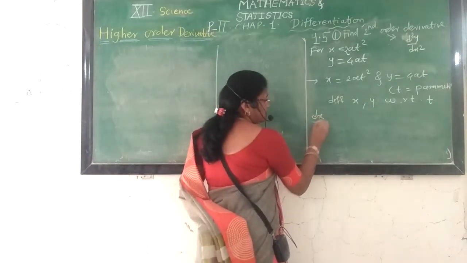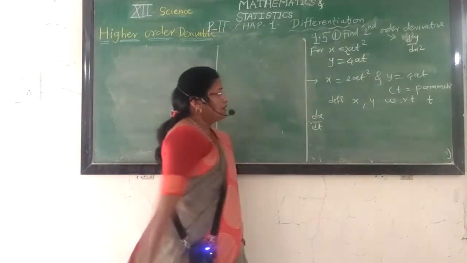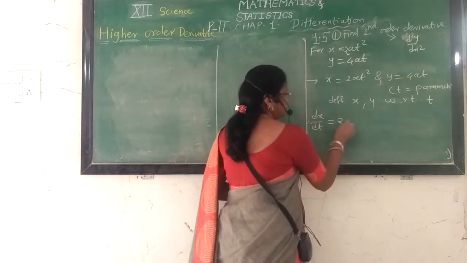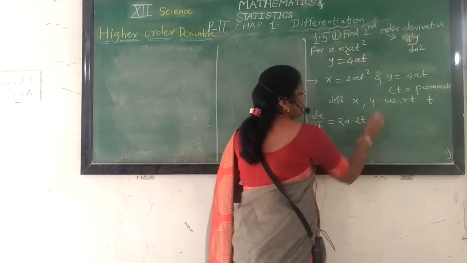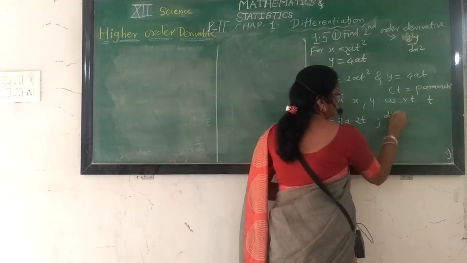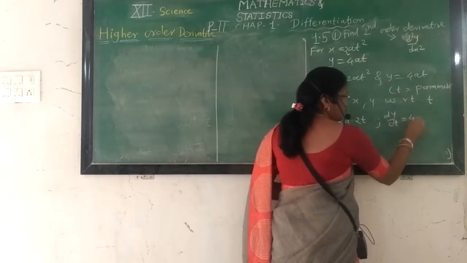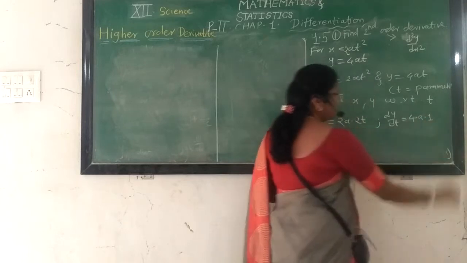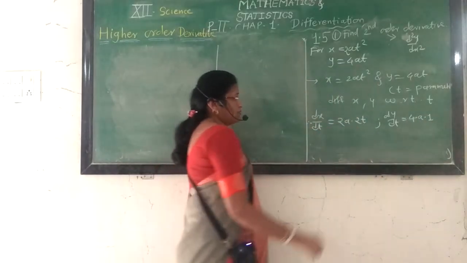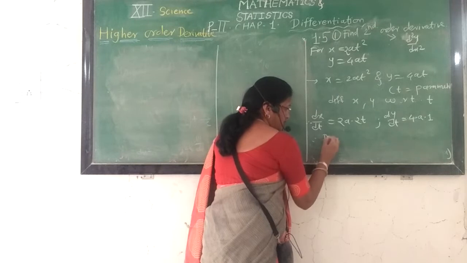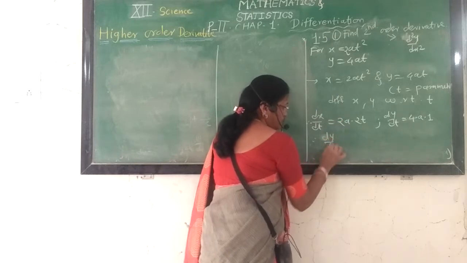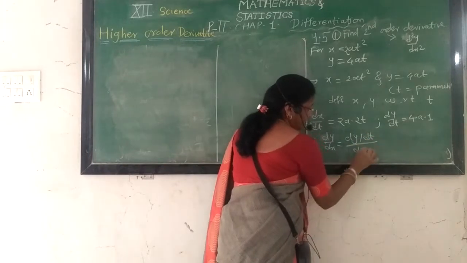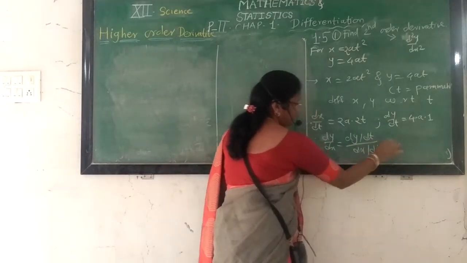So the derivative of x with respect to t: 2 is constant, a is constant, and the derivative of t square is 2t. Now for the second, dy by dt: 4 is constant, a is constant, and the derivative of t with respect to t is 1. So by using the definition of a parametric function, we find here dy by dx, that is dy by dt upon dx by dt.